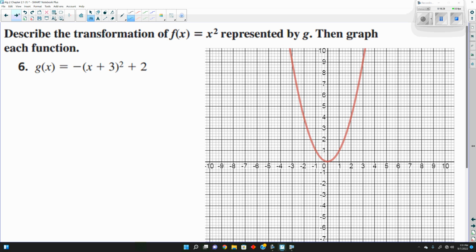This is the last one we're going to look at. How many transformations are in this? 3. Negative in front of the parentheses would be a reflection.